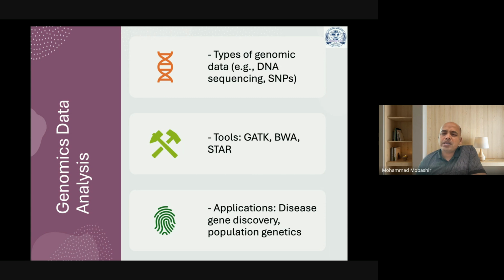And in general, the largest number of tools are available. For example, SAMtools. Then a large number of tools are also used individually. And then there are some big software packages, for example, Galaxy, Cufflinks, GATK, BWA, STAR.